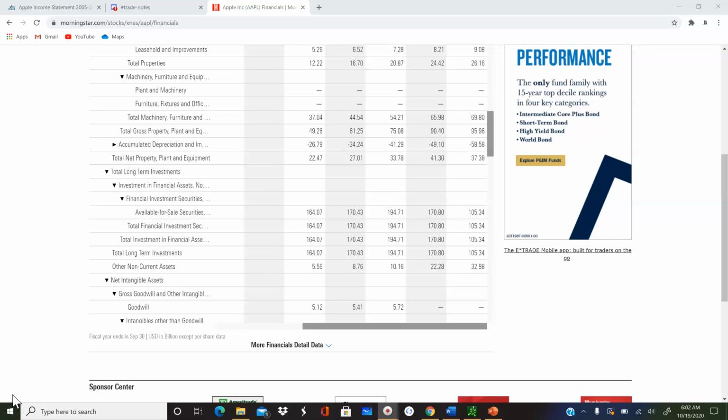Keeping with Apple as our case study of sorts, we're going to talk about some ratios dealing with the company's assets or types of assets. As we know, companies have current assets and then they have non-current assets. This one goes into a bit of both, in that the fixed asset turnover ratio deals with those non-current assets.